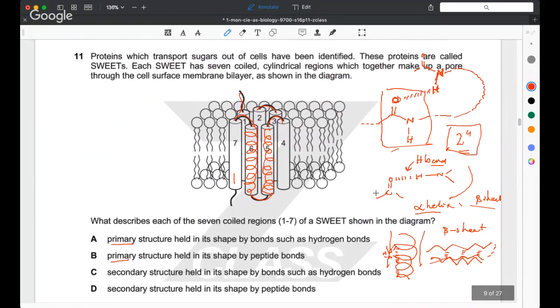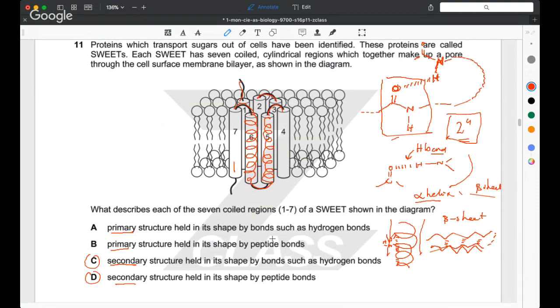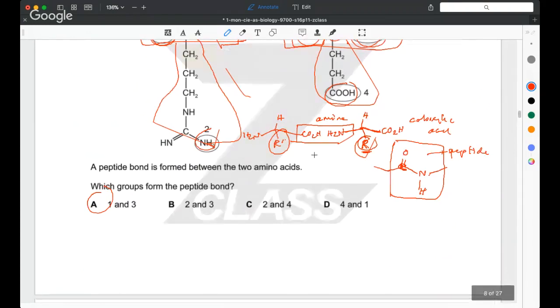So it's nothing to do with primary structure, and so it's definitely C or D. Again, this is just testing how shallow your thinking might be, because the covalent bonding within the peptide bonds is all related to primary structure, isn't it? A peptide bond formed because it joined one amino acid to another amino acid.